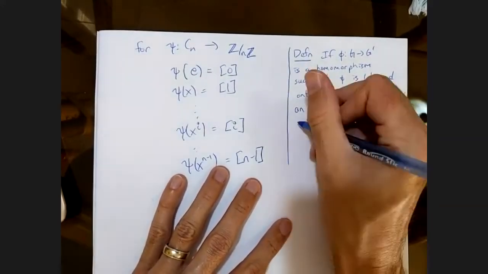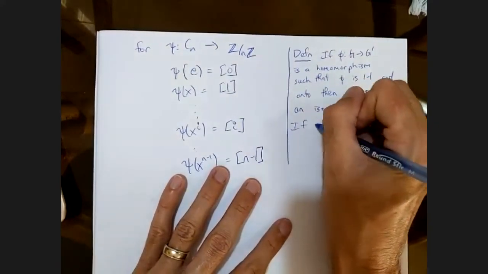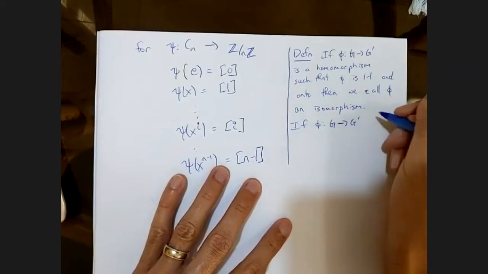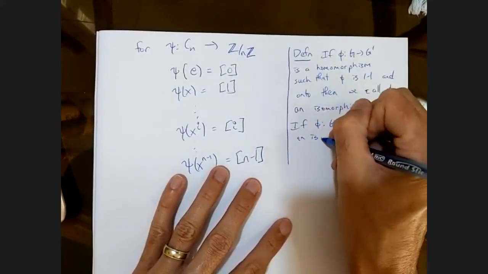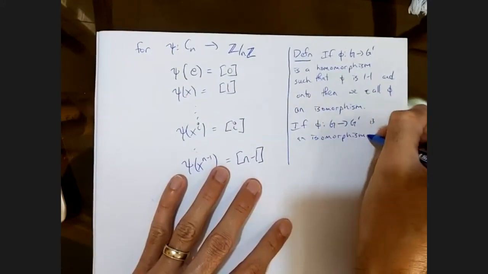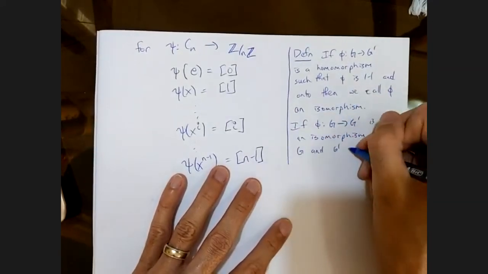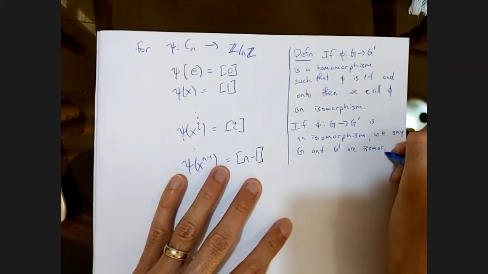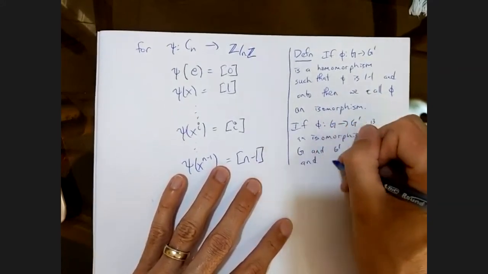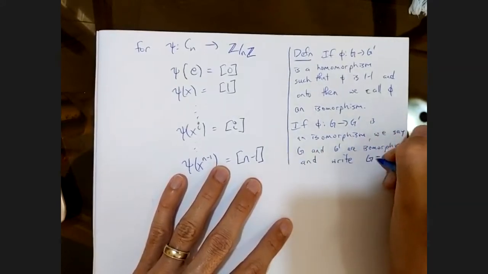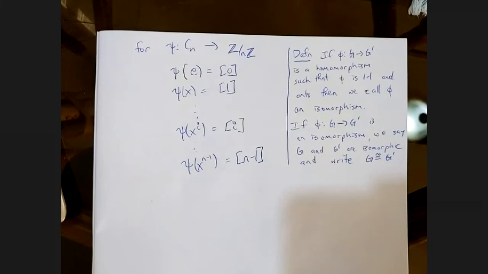And if phi from G to G prime is an isomorphism, we say G and G prime are isomorphic, and we write G isomorphic to G prime with a squiggly equal sign.